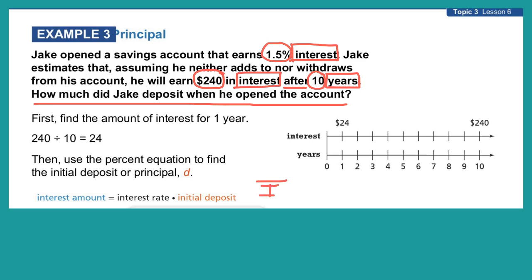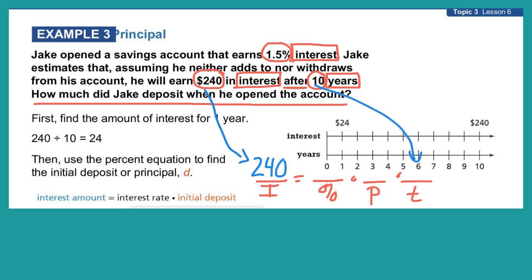So the interest equals the rate times the principal times the time. So let's start filling in boxes. $240 in interest, 10 years, and my rate is 1.5%.